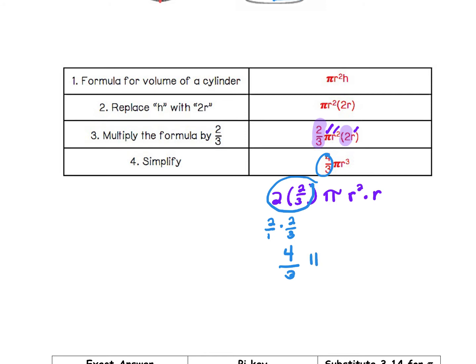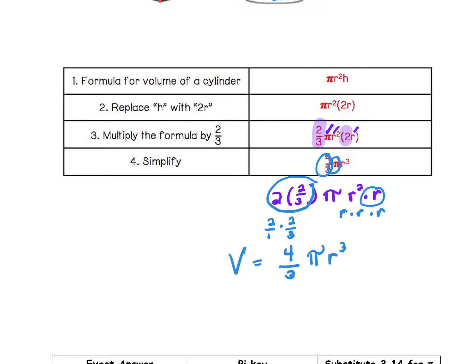Then pi is sitting next to it, and if we wrote this out the long way, the radius squared would be radius times radius, and now we have another radius, so we would write that as radius to the third power. So this is where this formula came from.